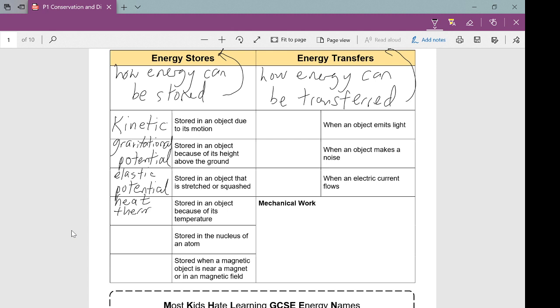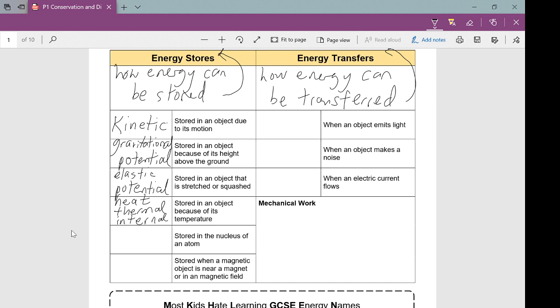And then there's a third one. Starts with an I. So we have heat, thermal, and then the last one is going to be, oh, my year 10s should get this.